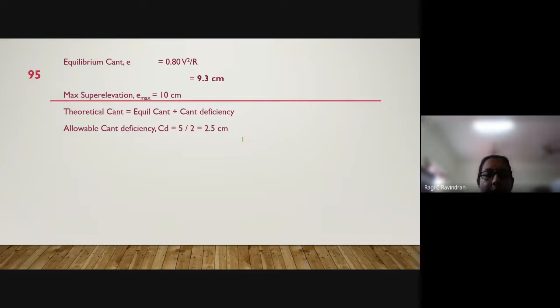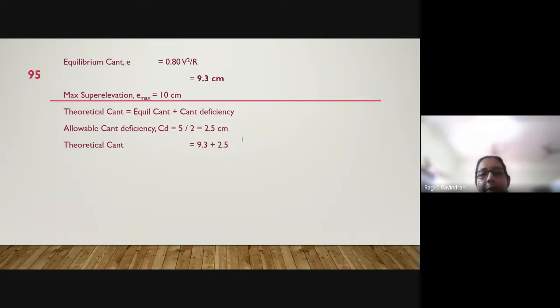Allowable cant deficiency is 5 by 2, half the maximum value, so you'll get 2.5 centimeters as the allowable cant deficiency. You substitute it here: theoretical cant is 9.3 plus 2.5, which is 11.8.